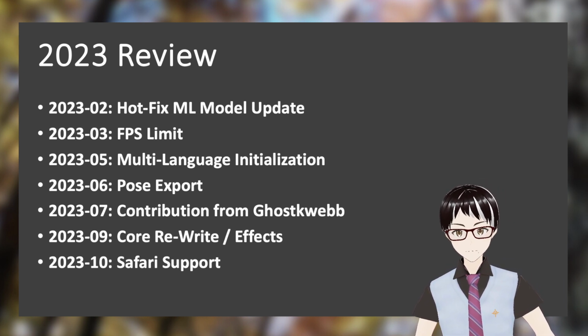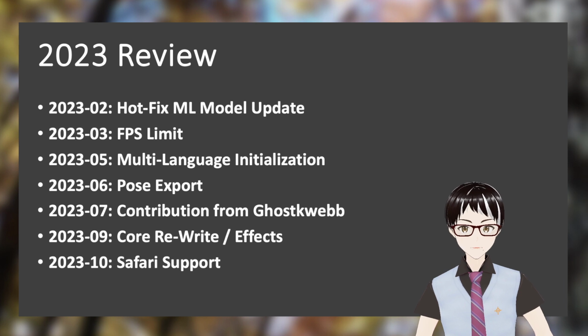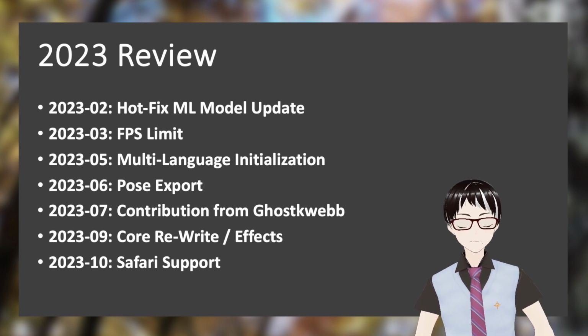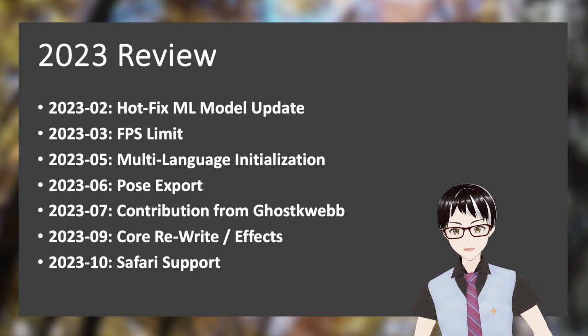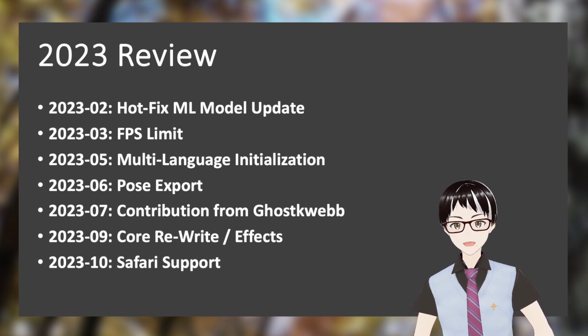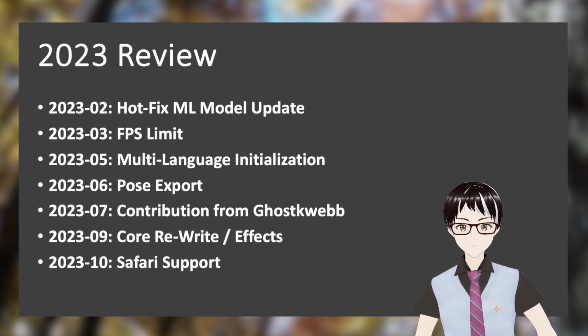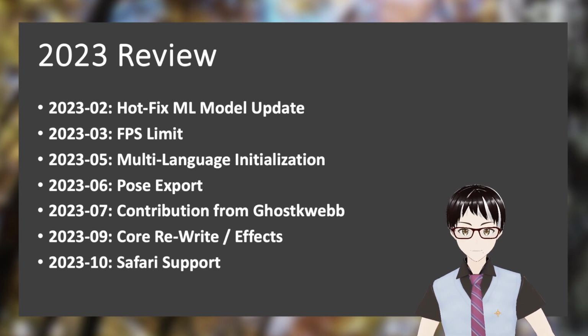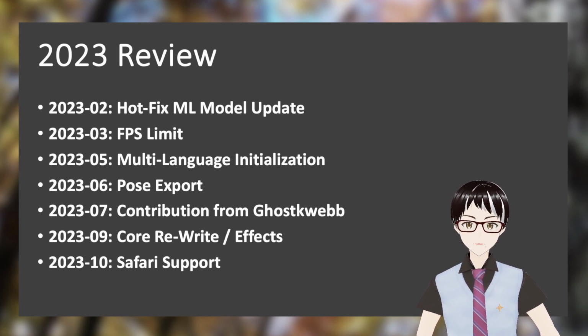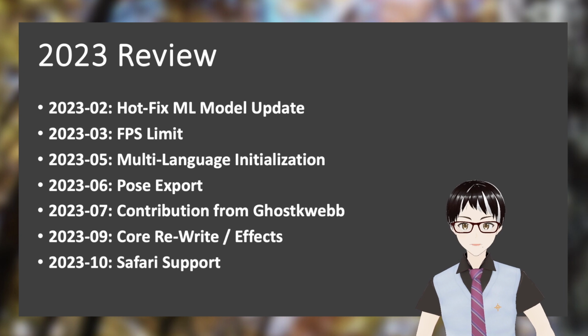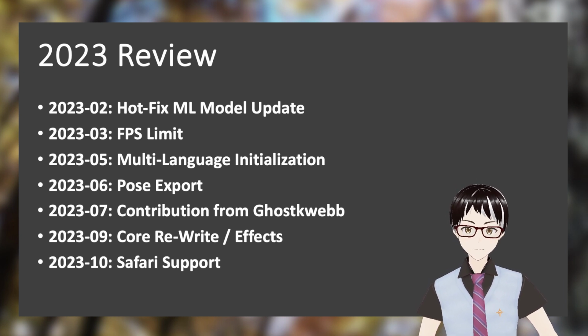Then in March, we updated the FPS limit, so you're able to limit the refresh rate of the website, the frames per second, for better overall performance and resource consumption to your desire.